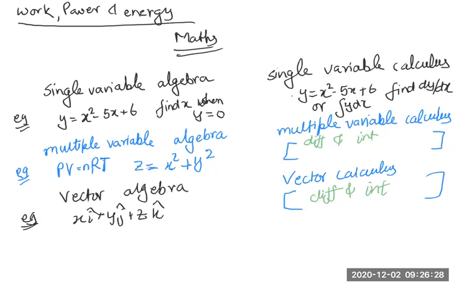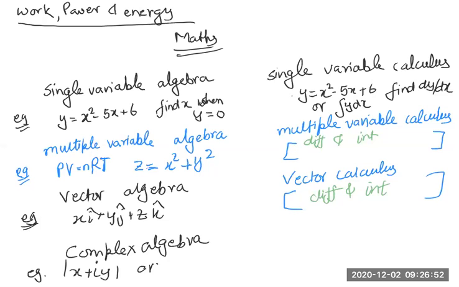And then finally, you have the complex algebra, which you will be taught, or maybe you have already been taught, complex algebra, right? So here the example would be something like x plus iota y, mod of this, argument of z. ये पढ़ा है अभी नहीं पढ़ा है थोड़ा बहुत complex algebra maths में.